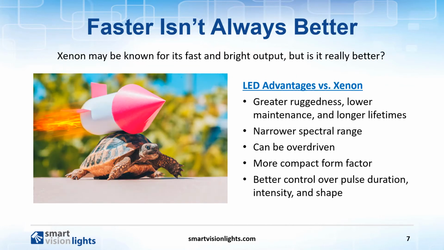In contrast to xenon lamps, LEDs offer a number of advantages, including greater ruggedness, lower maintenance, and longer lifetimes. LEDs also emit within a narrower spectral range than xenon sources. This tighter spectral control can be used to enhance the contrast and visibility of key features in an image.